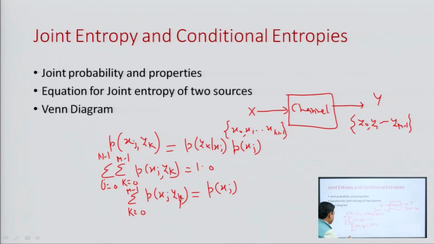Another, when the summation over j equal to 0 to n minus 1 of the joint probability p xj yk becomes p yk. These properties will be needed in the next slides. So we are discussing this.